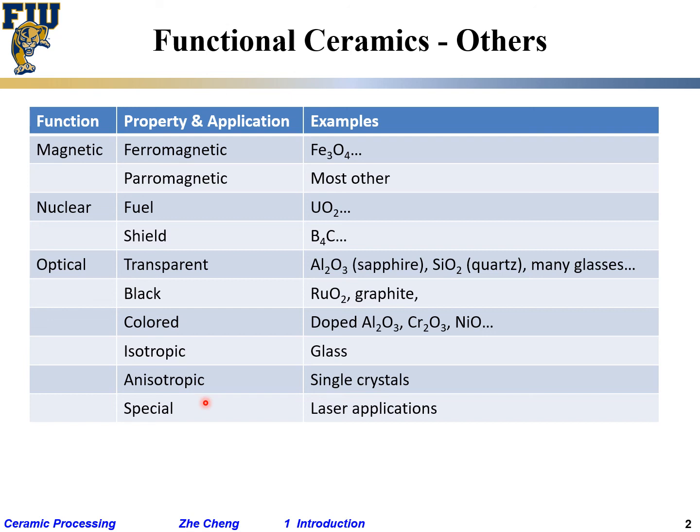I'm not even expert for laser application, nonlinear optics, all that stuff. They are all based on ceramic material because in terms of optical property, metals are pretty boring, not transparent. Most of them gives you that silverish color. That's it. Make sense? Ceramics enables all these different properties. Okay.